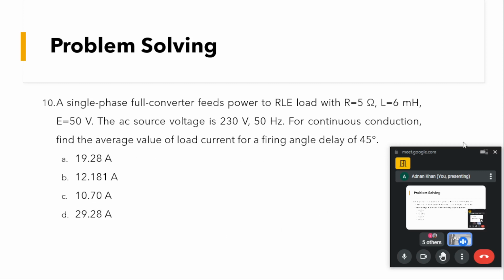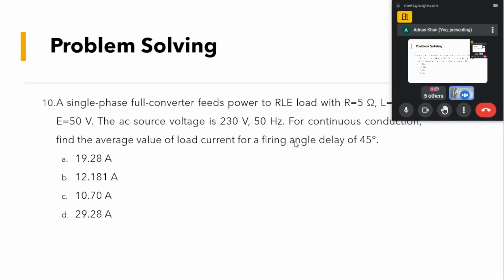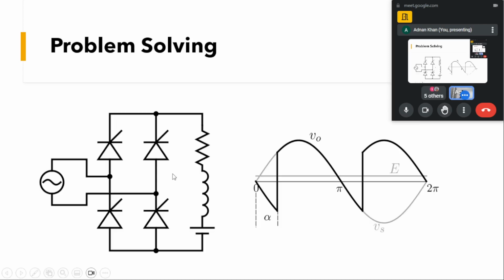For the average load current, if we are able to calculate the average output voltage, and divide that average voltage by R, we'll get the output average current. First, what we want to see here is where this E lies.